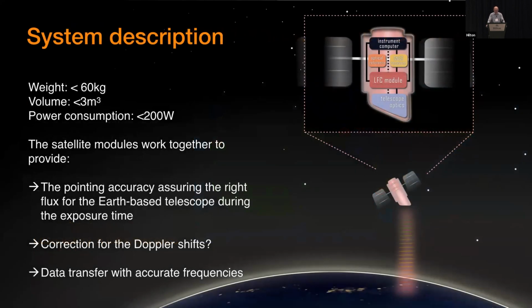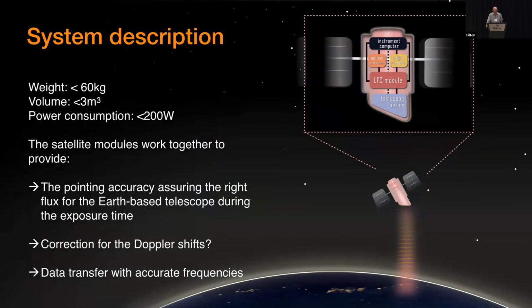That's the system we imagined: a laser frequency comb module on a satellite, as light as possible, with power consumption that would be affordable for this kind of satellite.